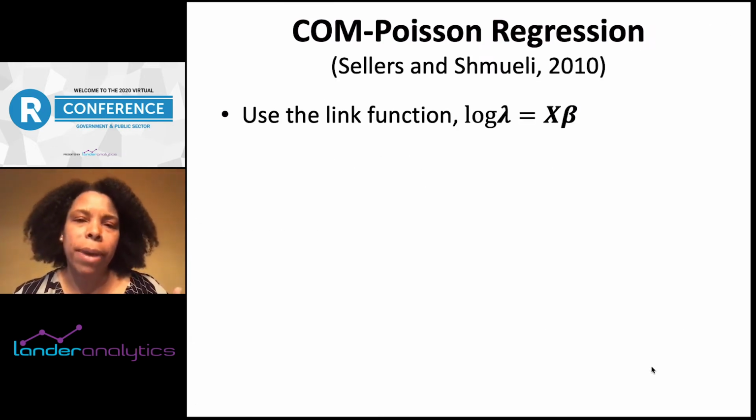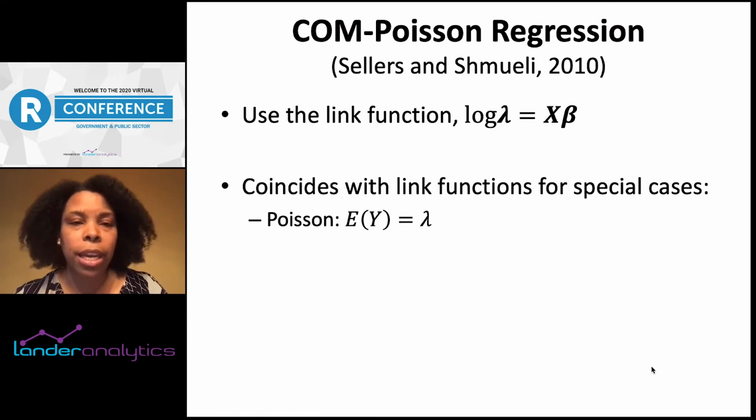Moving forward to thinking of a regression model, we now have this framework where we consider the log linear relationship between lambda and our covariates. Now, what's important to note here is that lambda is not necessarily the mean, except for the case of the Poisson model.